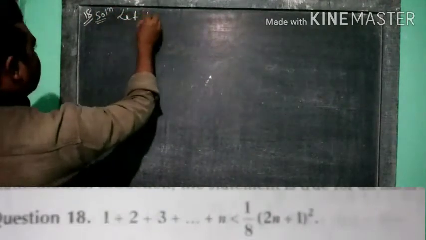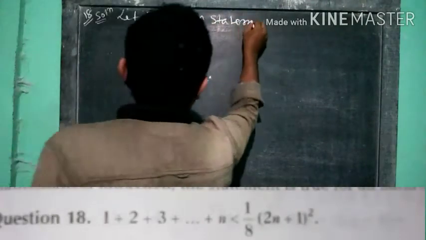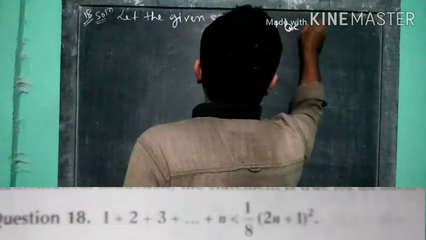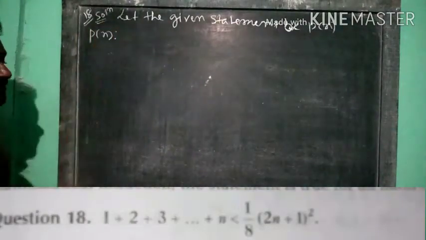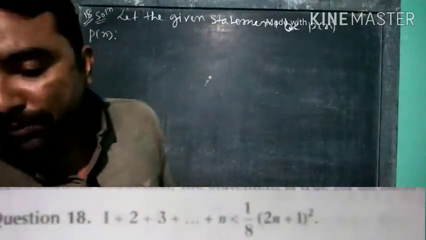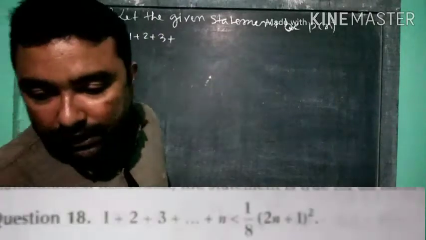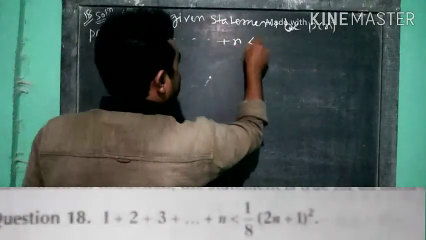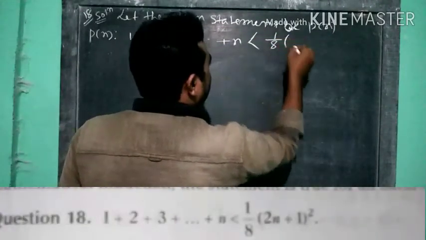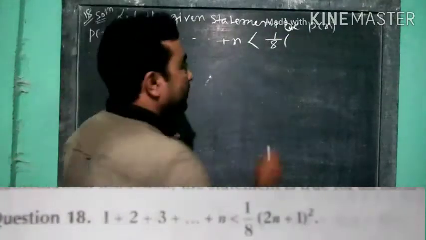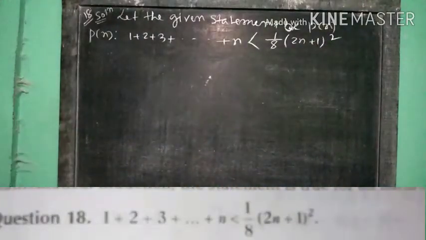Let the given statement be P of n, such that the given statement is 1 plus 2 plus 3 up to n is less than 1 by 8 whole into 2n plus 1 whole square. So same as before, we have to do the same.